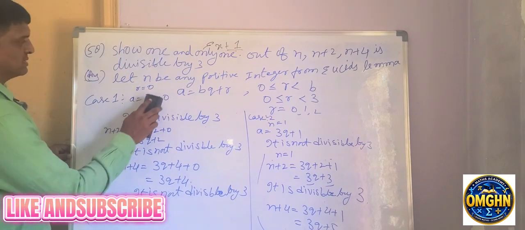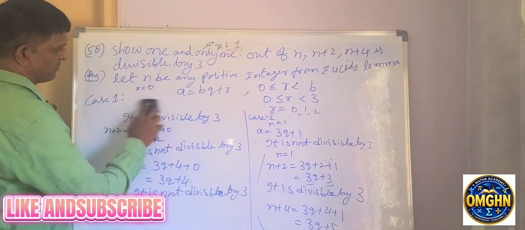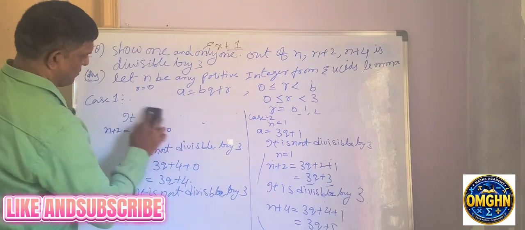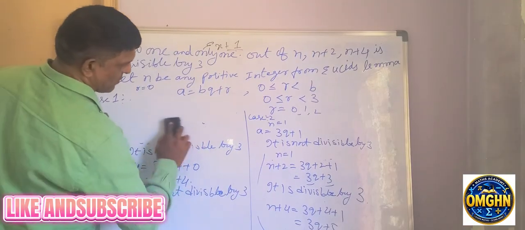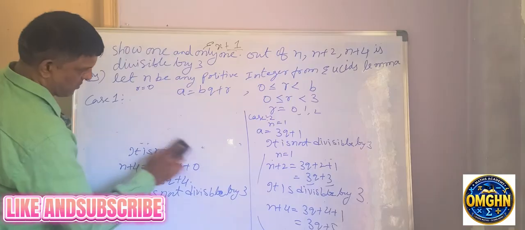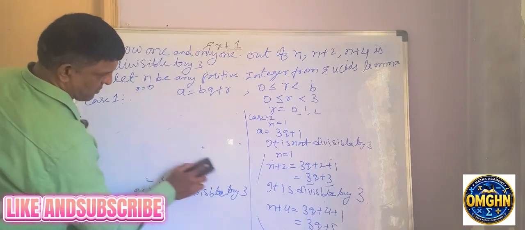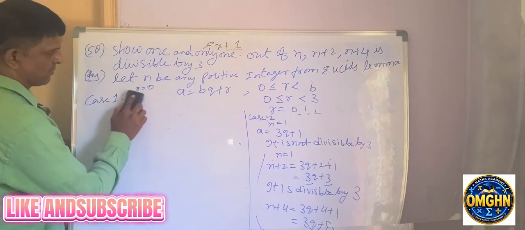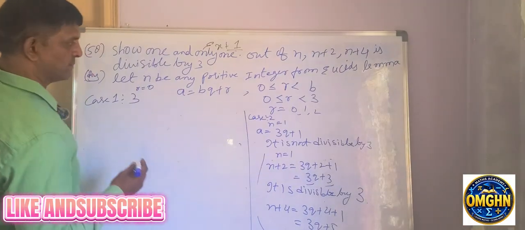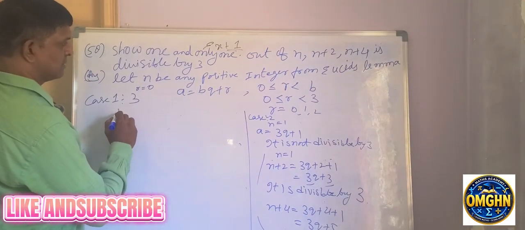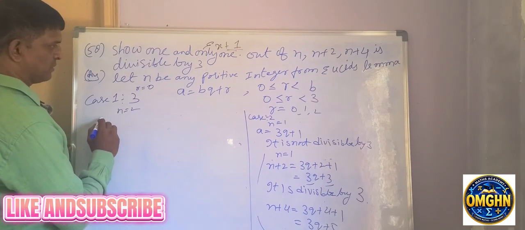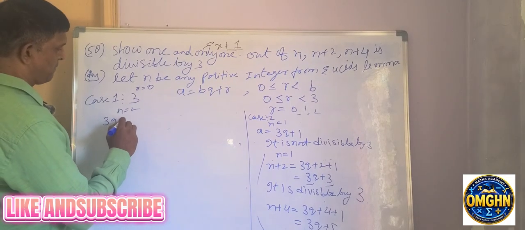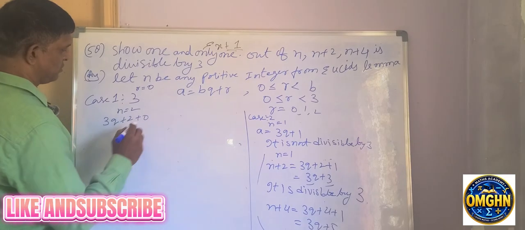Now another case is there. Now case 3, that is n is equal to 3q plus 2 plus 0.